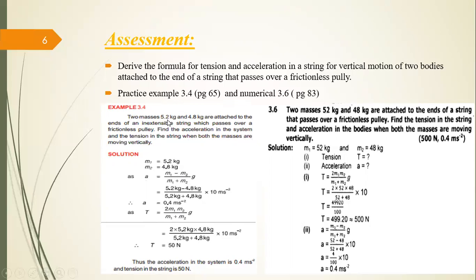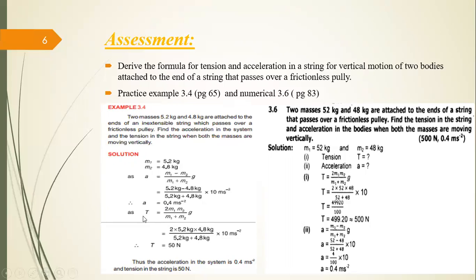So m1 is 5.2 kg, sorry, and m2 is equal to 4.8 kilogram. Simply put these values in the place of m1 and m2 and solve this. You will get 0.4 meter per second square acceleration. So it means that there is 0.4 meter per second square acceleration in the string.